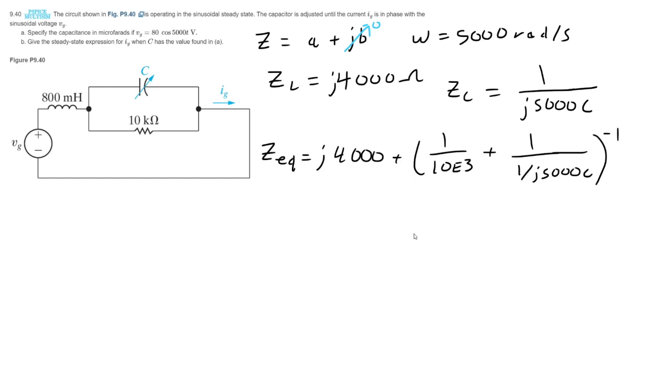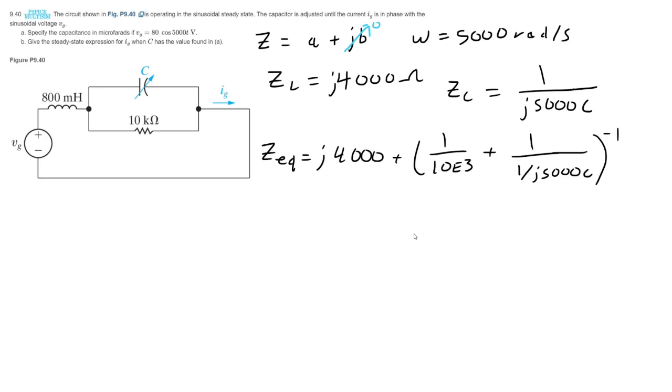So this is going to be Z equivalent. We only really care about the imaginary component, so I'll just say the J part.